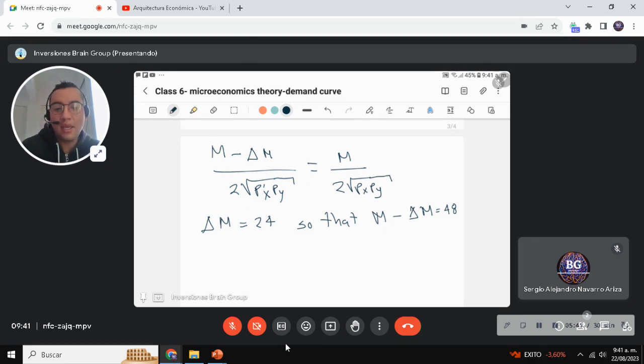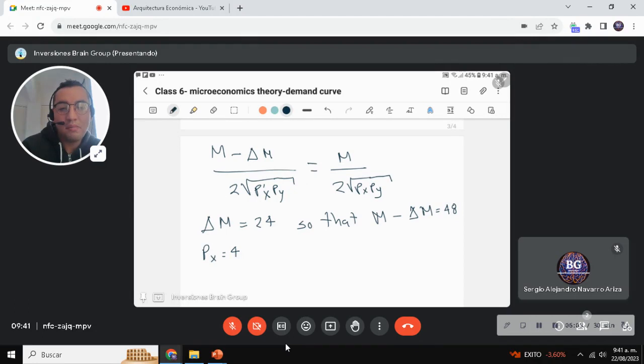Under a reduced income and given the new price Px equal to 4, the demand for x is 6. The original demand for x was 4.